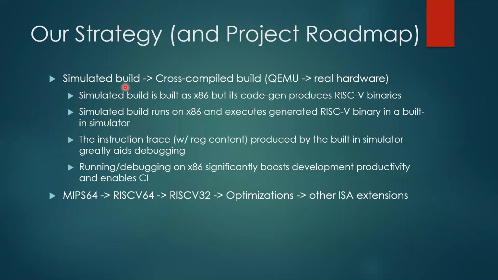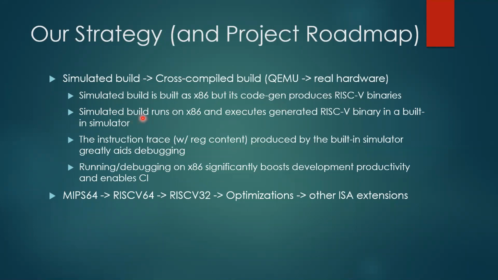When we do the simulated build, we build V8 as an x86 binary because this V8 is going to run on x86, but we specify the codegen target to be RISC-V. So anything going through the code generator, the binaries generated by V8, is going to be RISC-V binary. So how do you run this? x86 V8 plus generated RISC-V binaries. This is the simulated build.